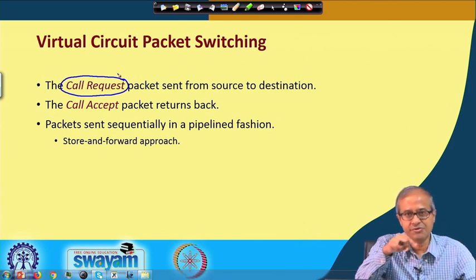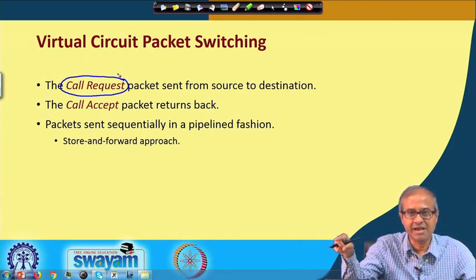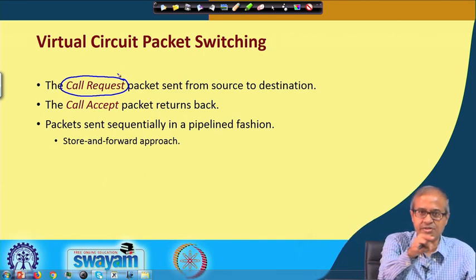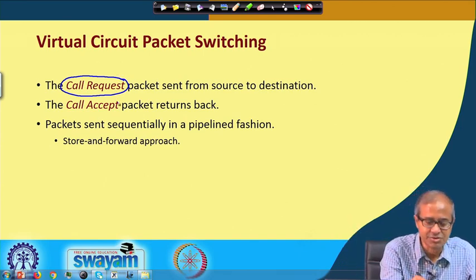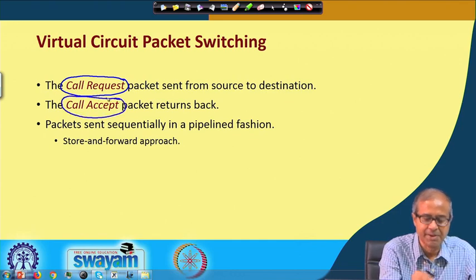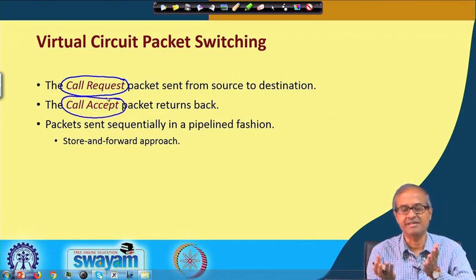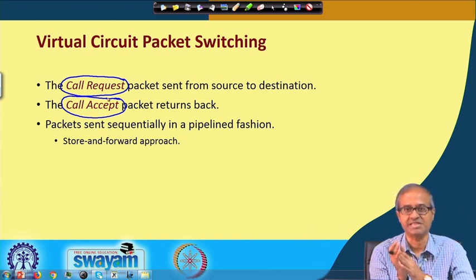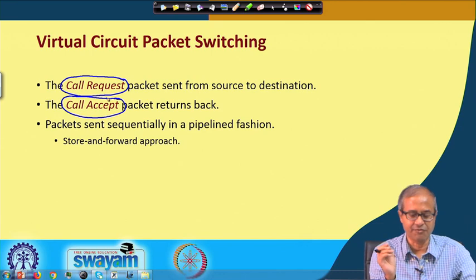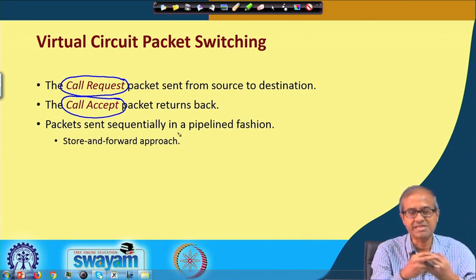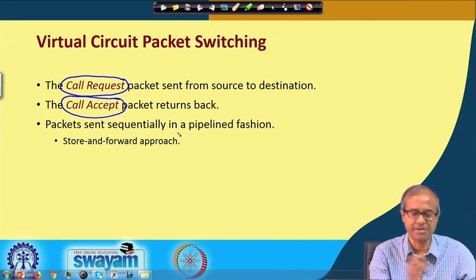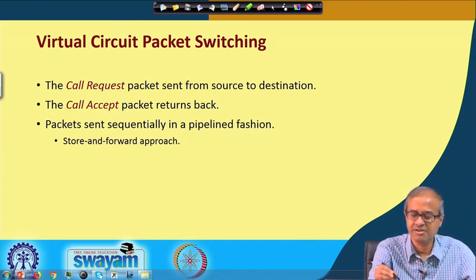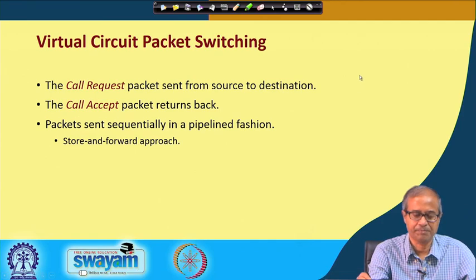Now, once the virtual circuit has been established, an acknowledgement signal or packet will be traversing along the same path back. This is called a call accept packet, so that the sender and all the intermediate nodes will know that the circuit has been established. Now, the packets can flow. Now, the packets can be sent sequentially one after the another in a pipeline fashion using store and forward approach. This is how virtual circuit will work.